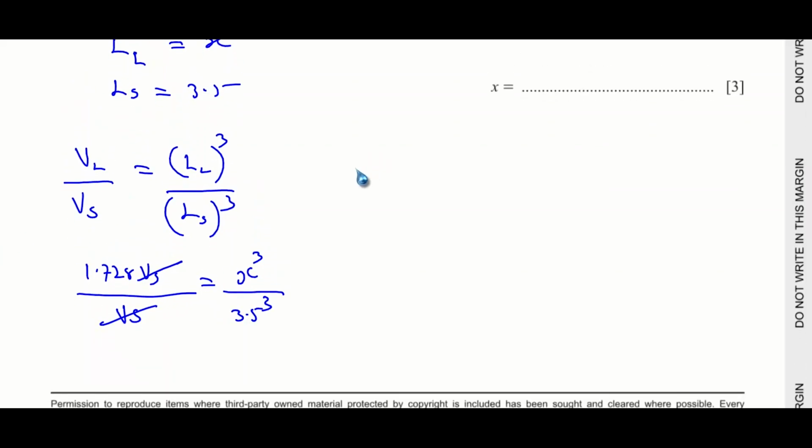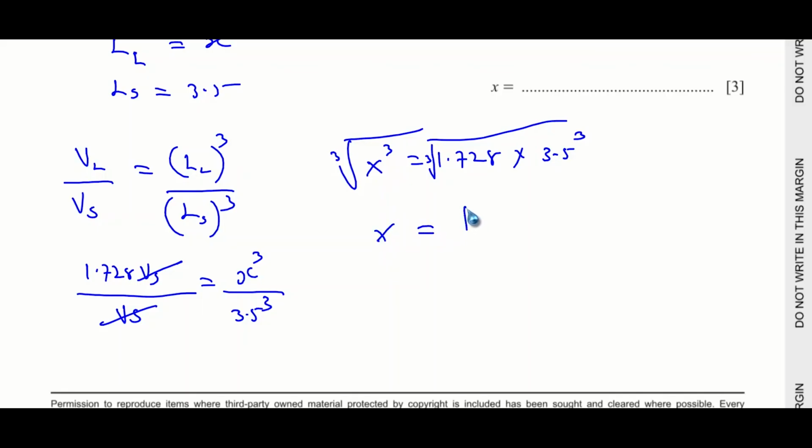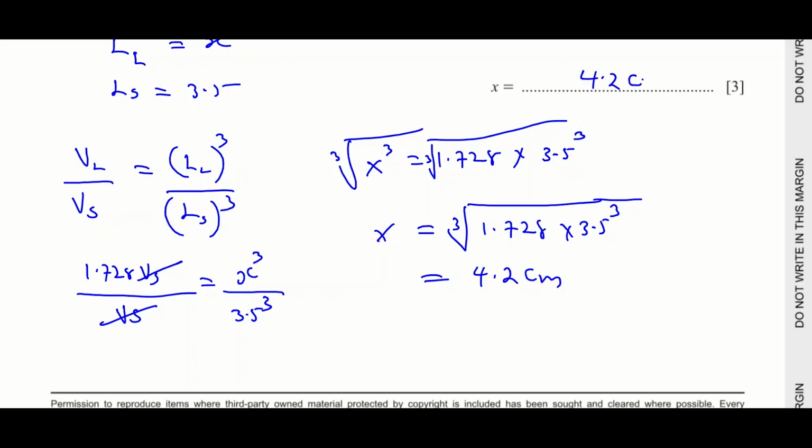So we can now make x cubed the subject of the formula: x cubed equals 1.728 multiplied by 3.5 cubed. We take the cube root of both sides, so x will be equal to the cube root of 1.728 times 3.5 cubed. You can input this into your calculator straight away. The value of x will be 4.2 centimeters.